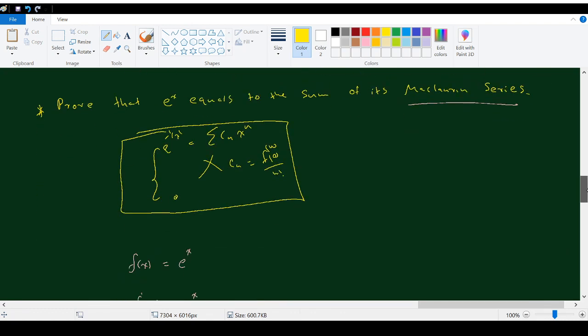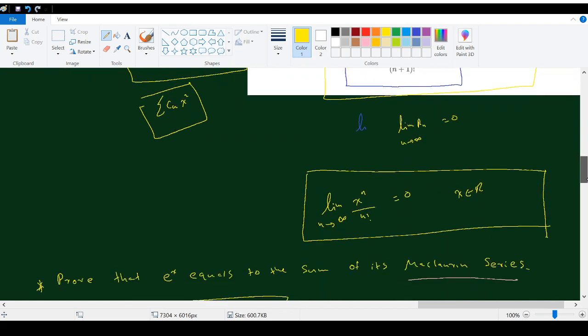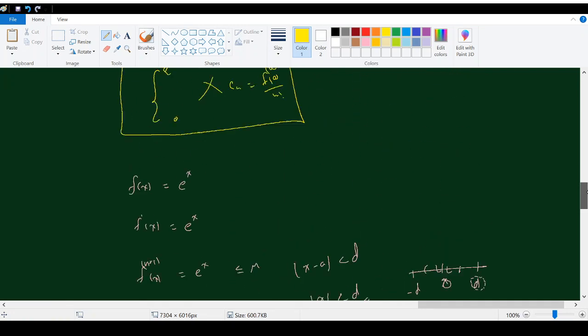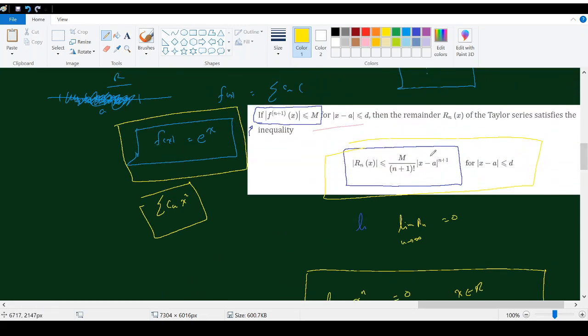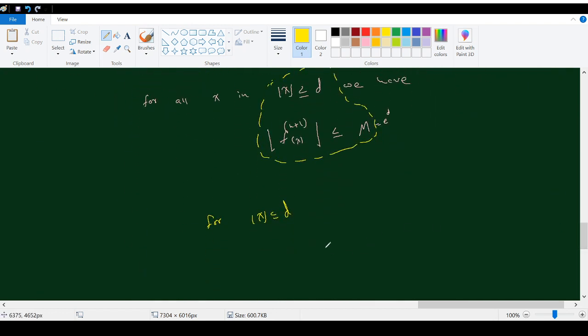And that means for this particular range of x, for |x| less than or equal to d, this relationship is true. That means the modulus of Rn will be less than or equal to M over (n+1)! times |x|^(n+1), right?